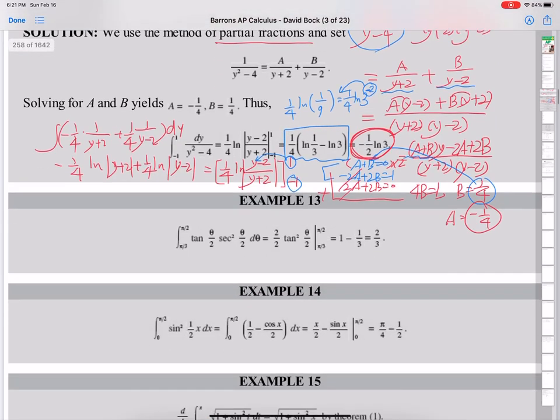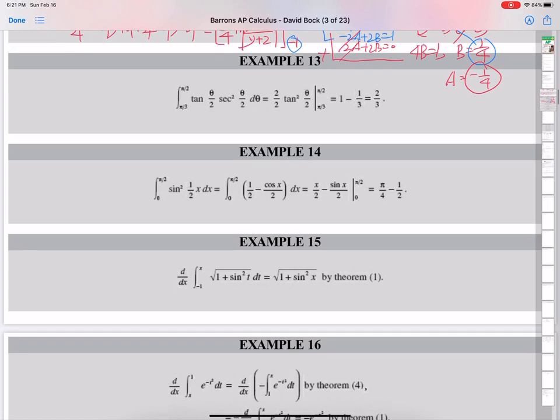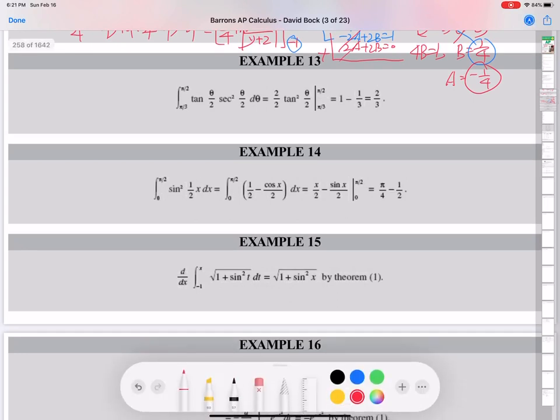Let's go to example 13. Example 13 is the integral of tangent theta over 2 times secant squared theta over 2 d theta from pi over 3 to pi over 2. It is u substitution. So which part is going to be u? Tangent theta over 2.